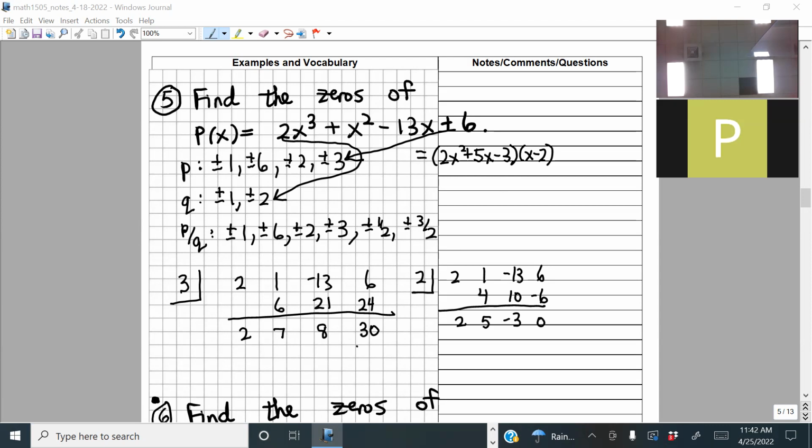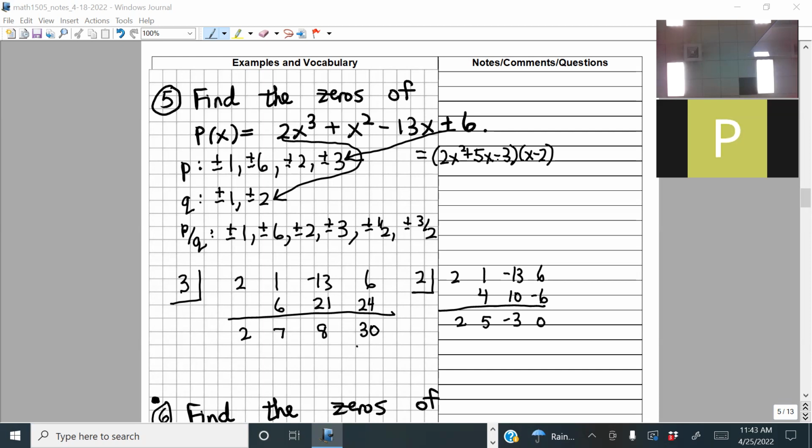Or what's your other possibility? So what's the other possibility for trying to find the roots of 2x squared plus 5x minus 3, Amanda?